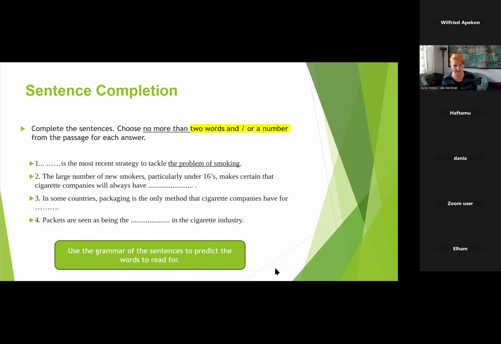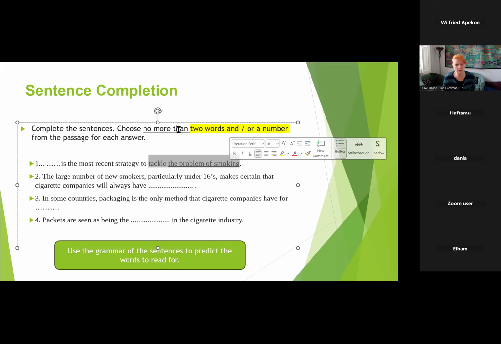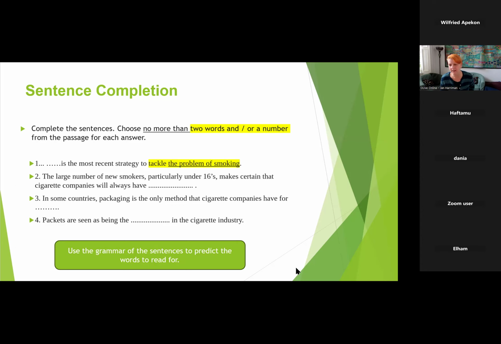All right. So we're definitely going to be looking for something that tackles the problem of smoking, right? So what do we mean by tackle the problem of smoking? Are we encouraging people to smoke or discouraging them from smoking?